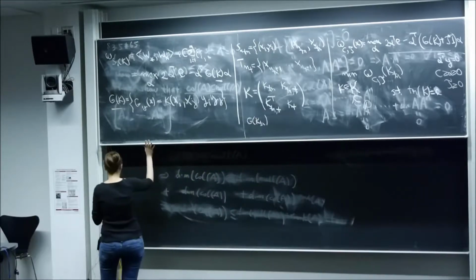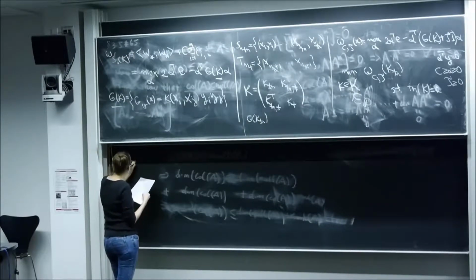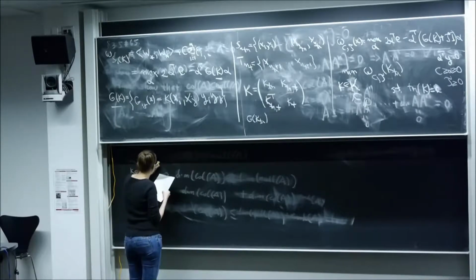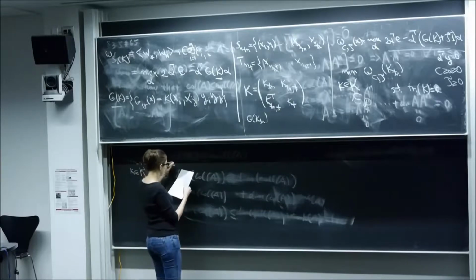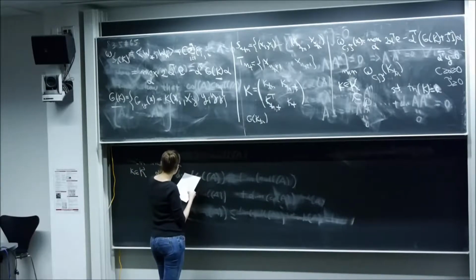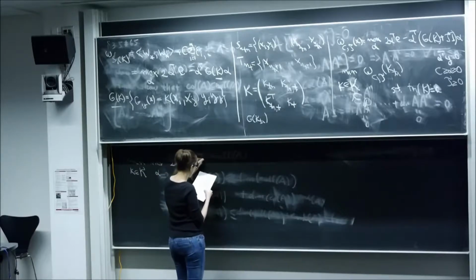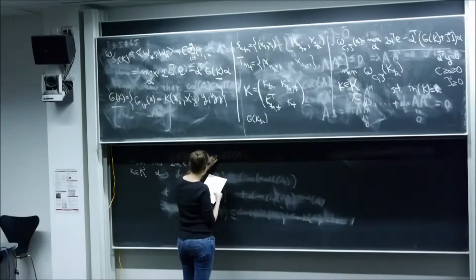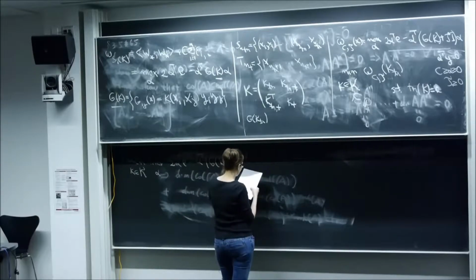So what we'll have is a minimum over K, maximize over alpha of the expression we wrote, which is 2 alpha E minus, and we just substitute K train.